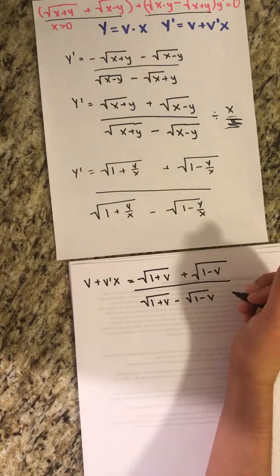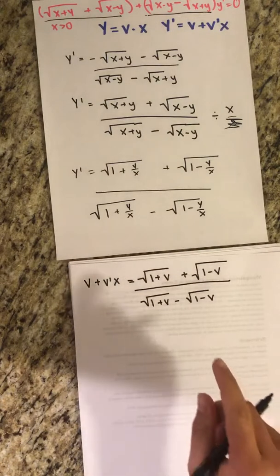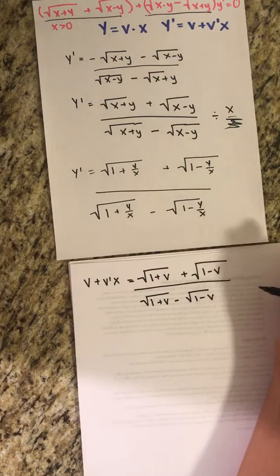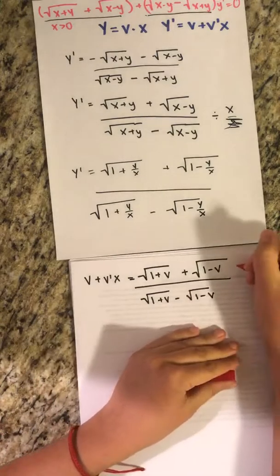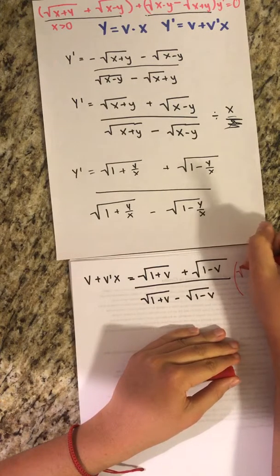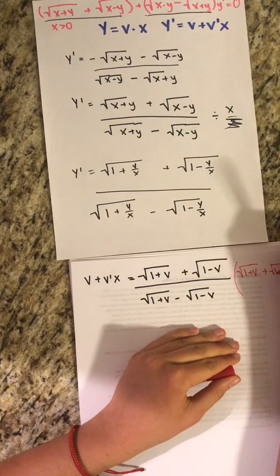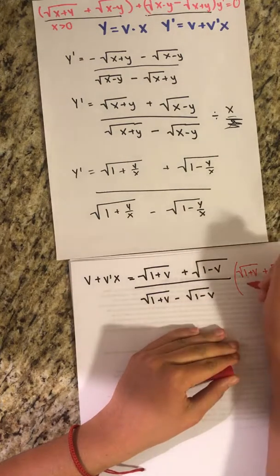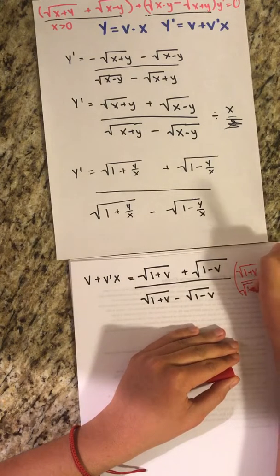All right, and then what I'm going to do is multiply by the conjugate of the denominator, right? So that's just change the sign in between.